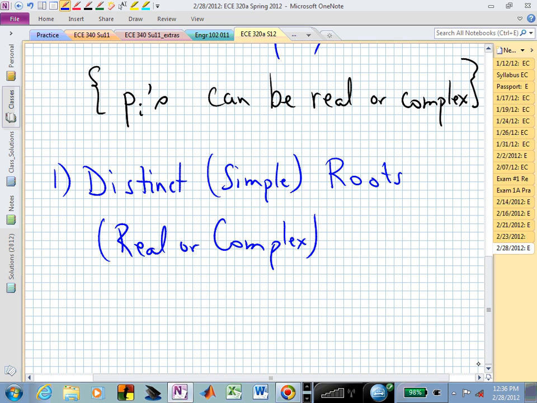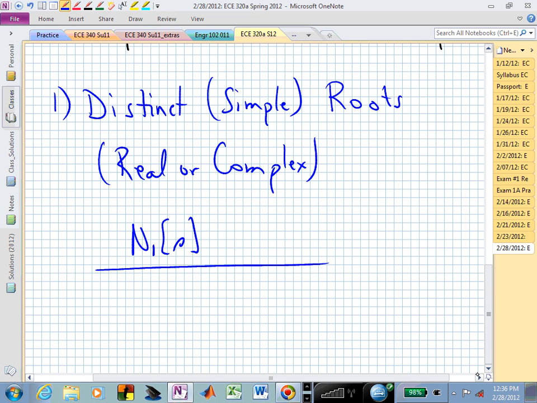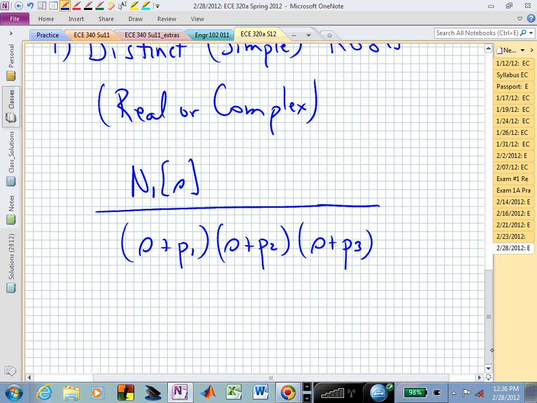And we might write that as an example, some numerator polynomial n sub 1 of s is simply a polynomial in s, and it's going to be generic. And then we have these simple factors, s plus p1, s plus p sub 2, and s plus p sub 3. In this example, what's the order of our denominator polynomial?